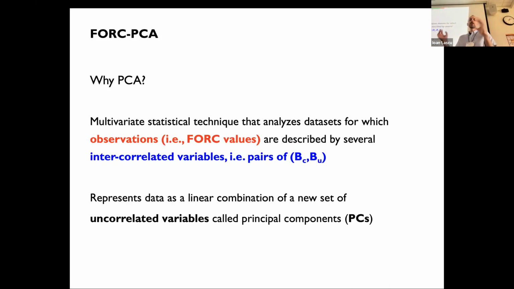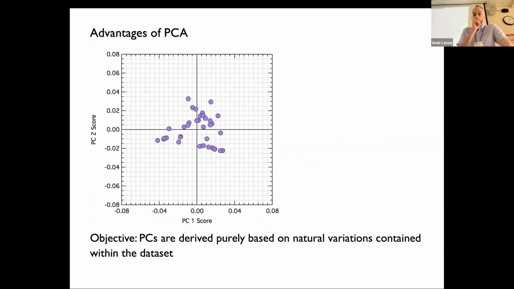And so you take this and reduce it and represent this data set as a linear combination of a new set of variables that are orthogonal, and these are called the principal components. And the principal component analysis captures natural modes of variability in your data sets. So one of the advantages is it's fairly objective.